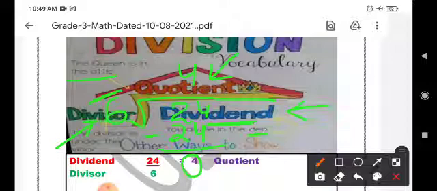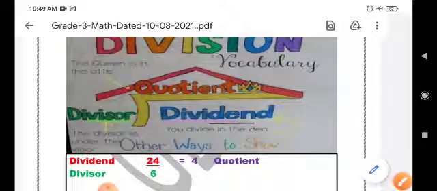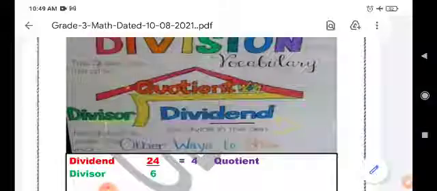The queen is always the top of all, so we write it above the dividend. You are going to frame the story, make a mind movie, of where we write our dividend, where we write our divisor, and where we write our quotient. This is the basic division vocabulary you all are going to learn.